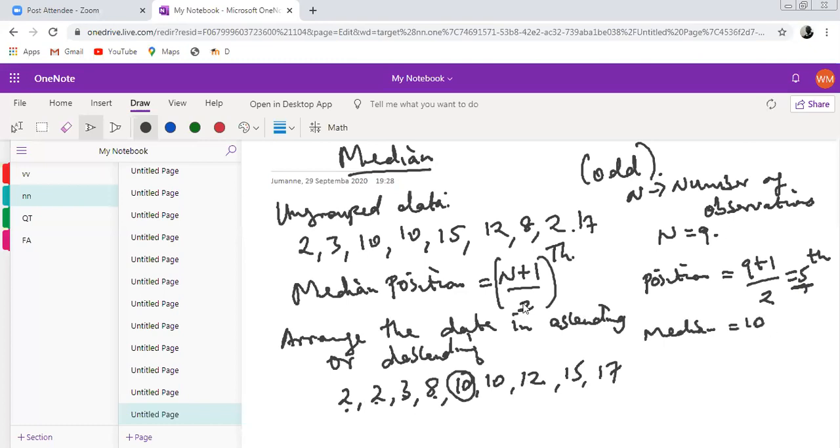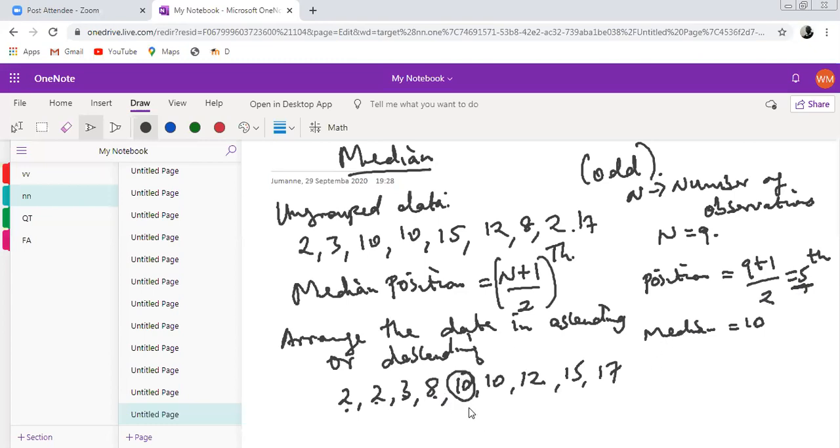So this formula does not give you the median. It gives you the position of the median after arranging those observations from the smallest to the highest, or the highest to the smallest. So don't come here and say 5, and then say the median is 5. No, 5 is the position of the median when those observations are arranged.